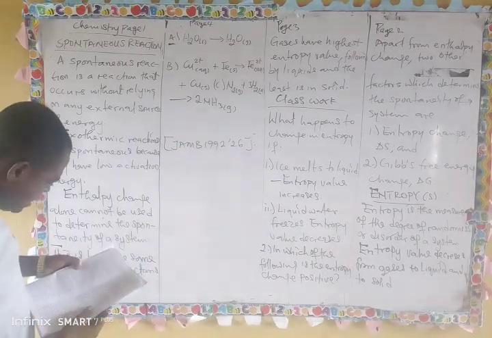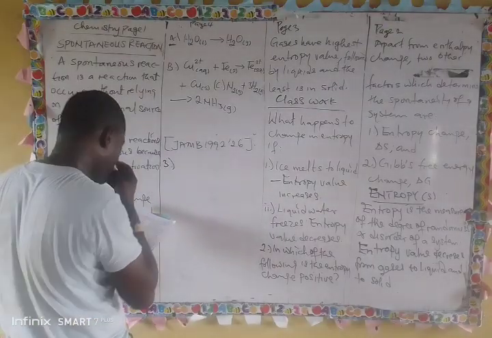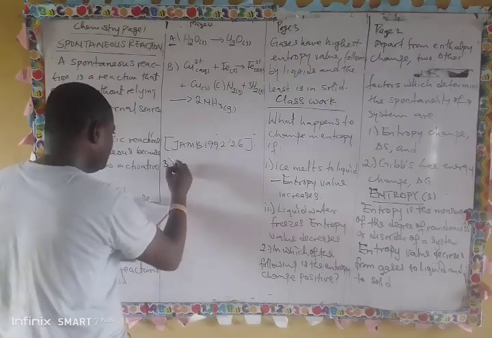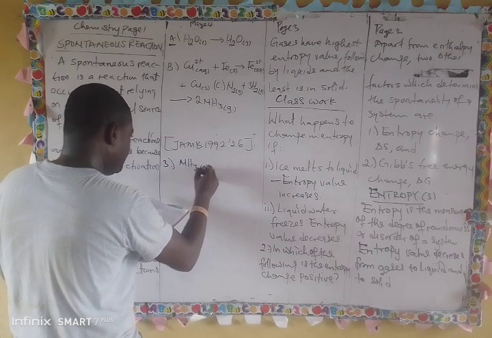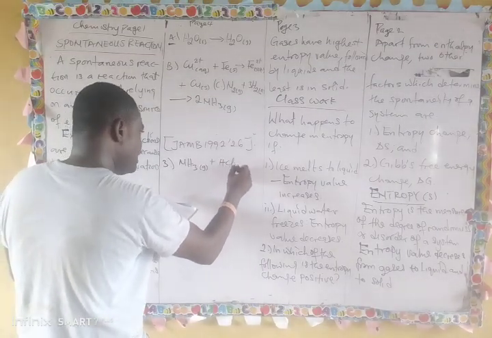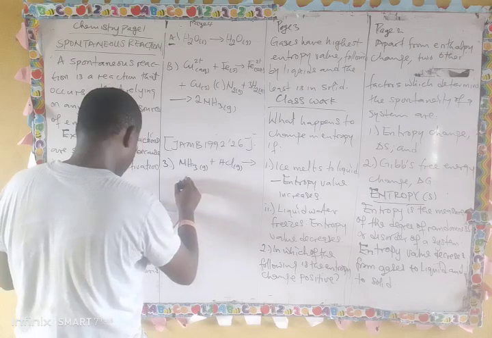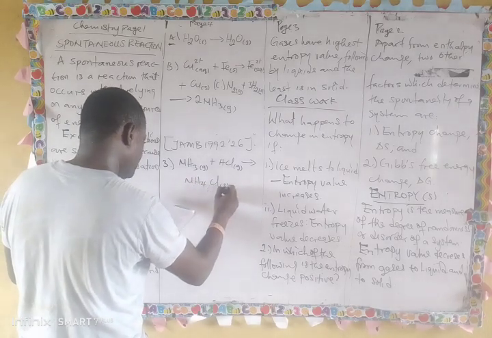Okay, look at this one now. Another JAM question, number 3. They say NH3 gas plus HCl gas giving us NH4Cl solid.